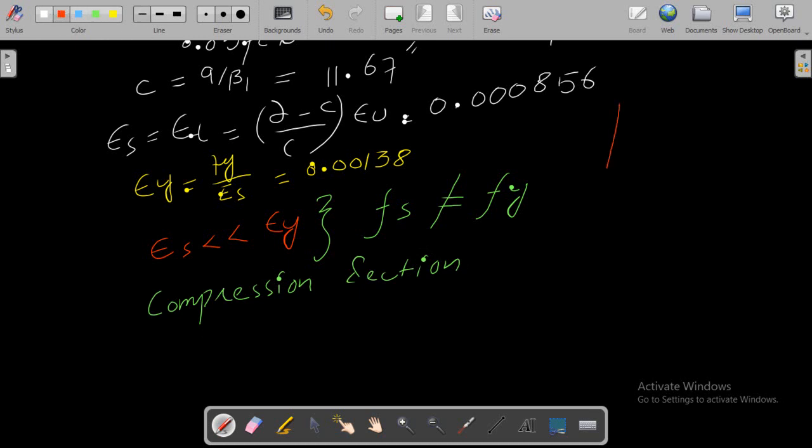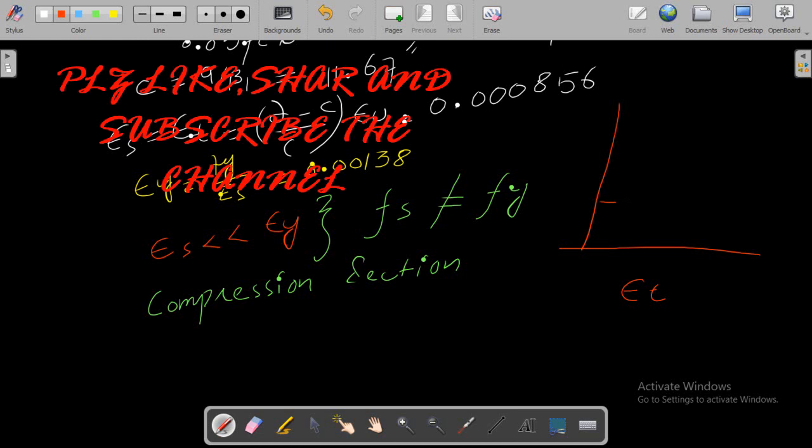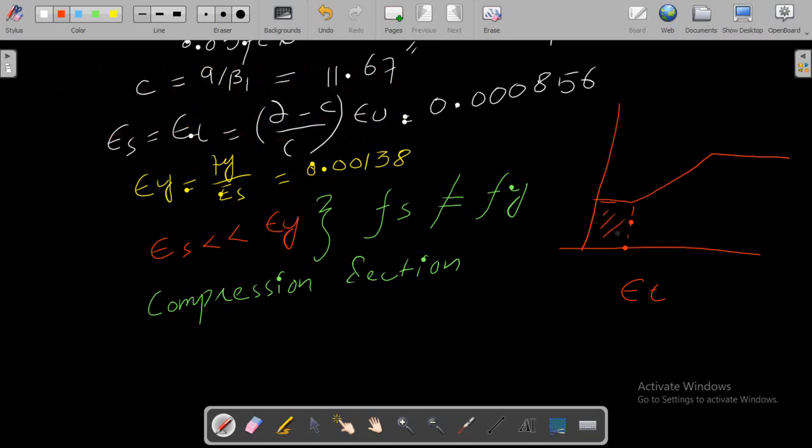From the graph, this is my epsilon t value, and now we are in this region. This is the compression region, and the phi value will be 0.65, and here the epsilon t value is 0.002.